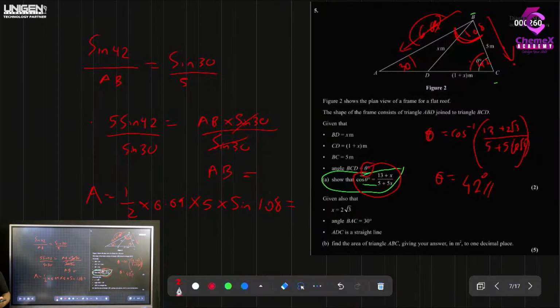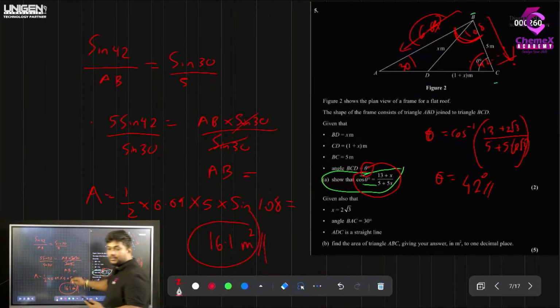Make sure you are in degree mode. 16.1. If you get 15.9, that's because you rounded this one. Take 42 point something to more decimal places. Okay, meter square. So that's how you do the area part.